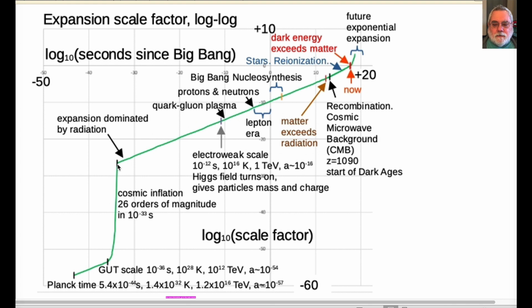10 to the minus 33 seconds after the Big Bang, or Planck time. All points in our present observable universe were in causal contact and thermal equilibrium prior to inflation, here.